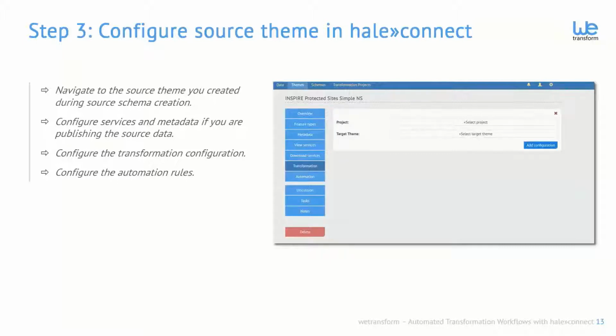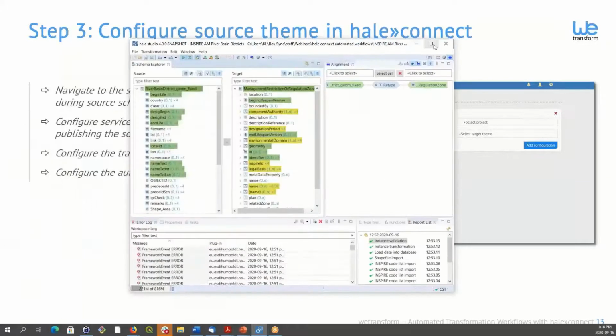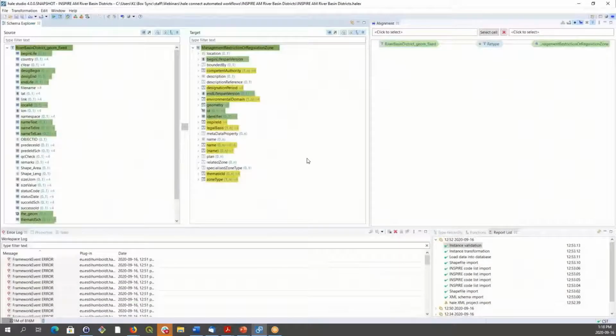All right, so I'll first of all pull up my Hale Studio. All right, so now I'm in Hale Studio. This is my transformation project. It is a rivers data transformation.